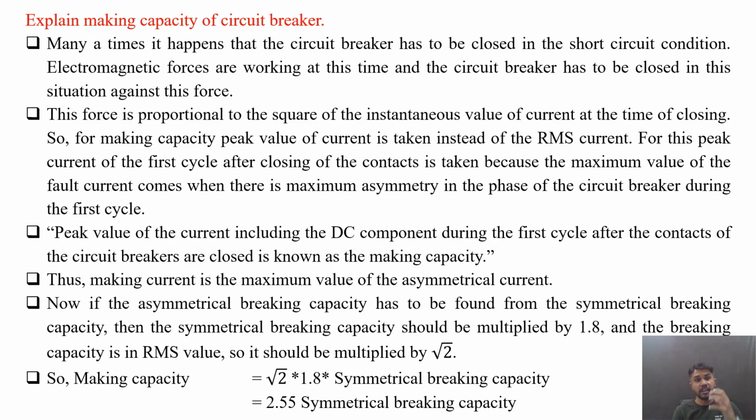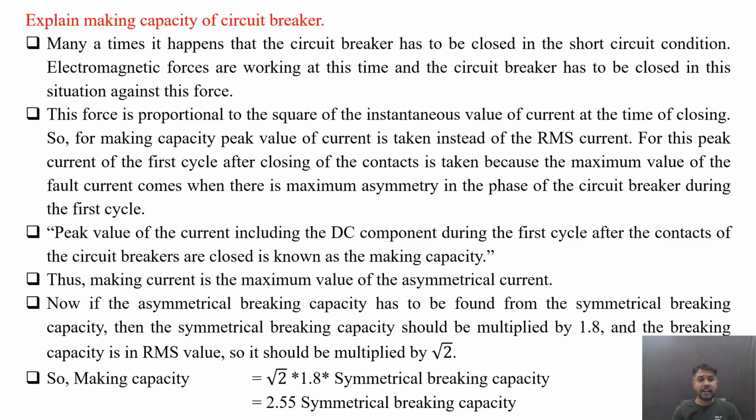So for making capacity, the peak value of the current is taken instead of the RMS current. For this, the peak current of the first cycle after closing the contacts is taken, because the maximum value of the fault current comes when there is maximum asymmetry in the phase of the circuit breaker during the first cycle.